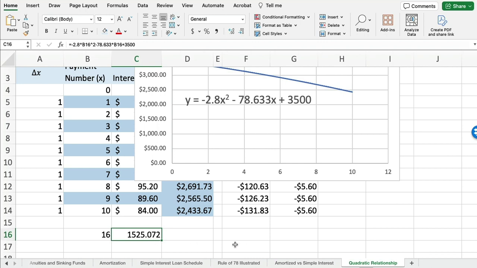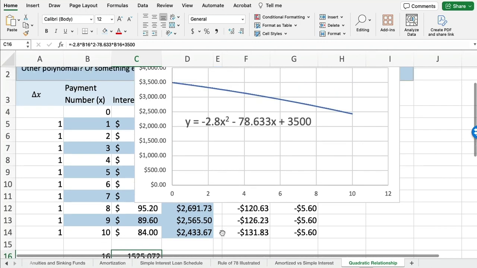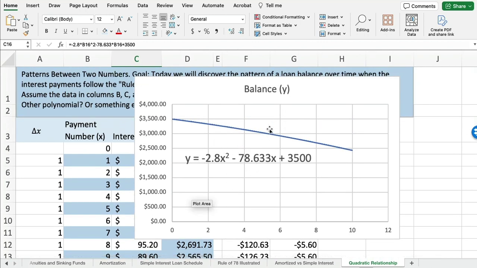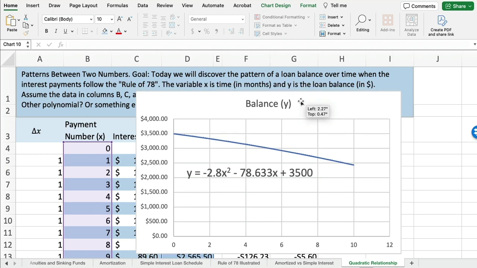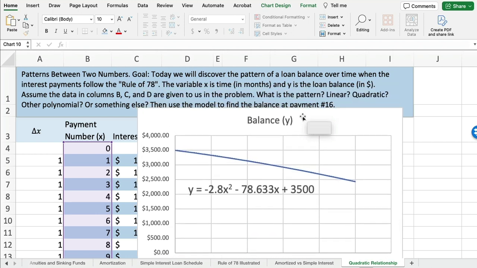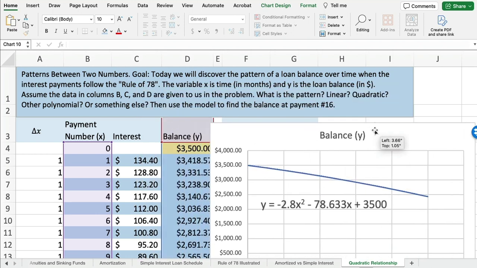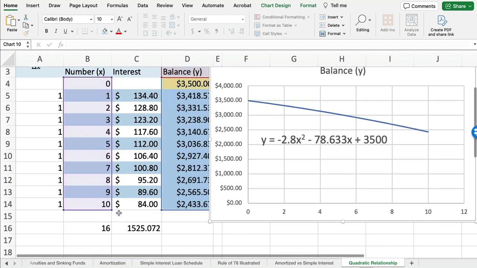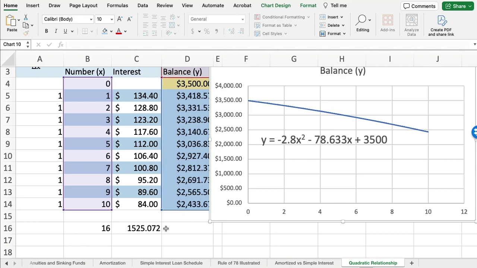That's what our balance will be at payment 16. So that's the purpose of an equation. The purpose of the model, the trend line that we came up with that fits our data, is so that we can calculate missing values. That's the whole point of it, is to calculate missing values.